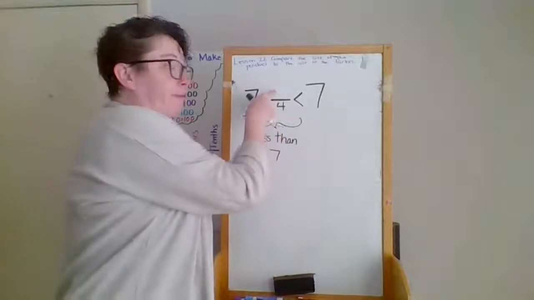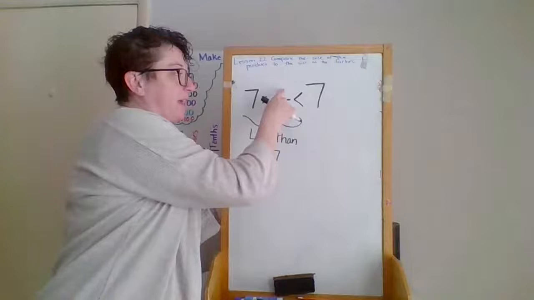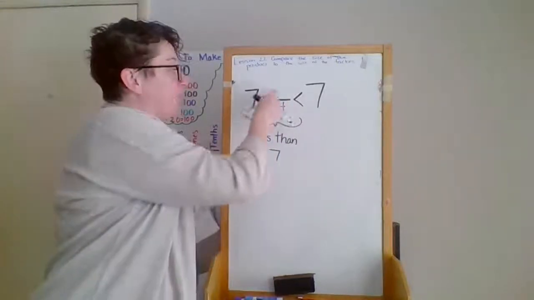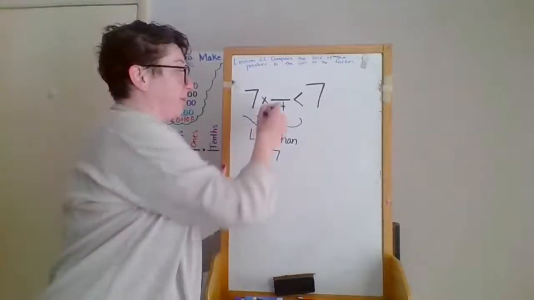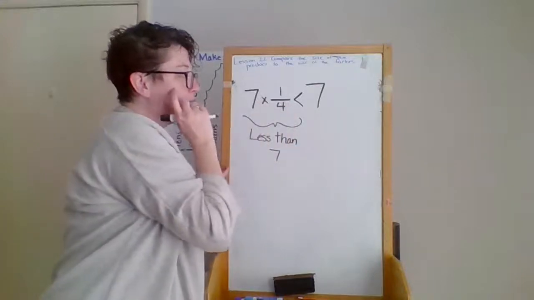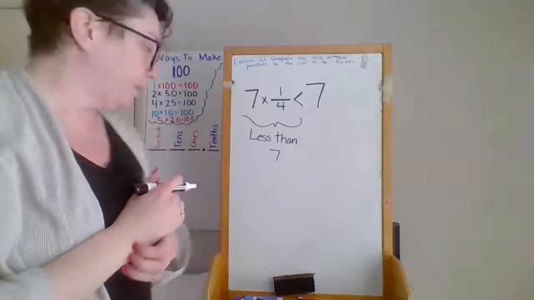So if I put a 4 here, that would equal 1. So to make this sentence correct, I can put anything here that is less than 4. So I could put 3/4, 2/4, or 1/4. Any of those numerators would make this part less than 7. Okay.